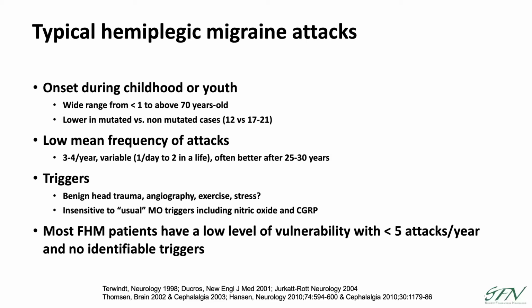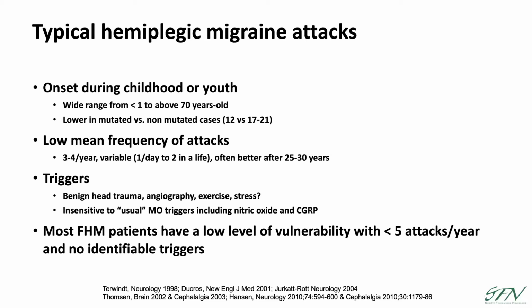But in typical hemiplegic migraine, the studies have been done in Denmark with volunteers who got CGRP injections, and this did not trigger a hemiplegic migraine attack in these patients. They are not sensitive to CGRP.